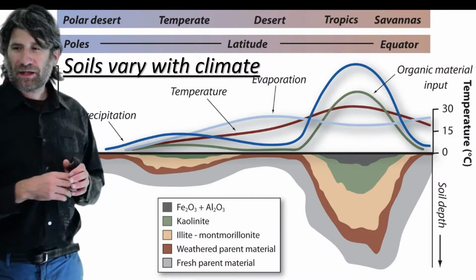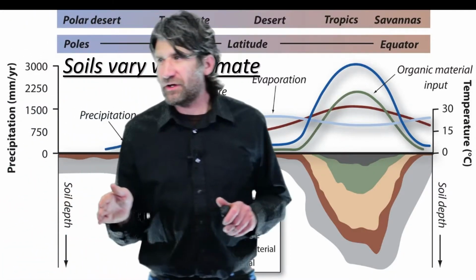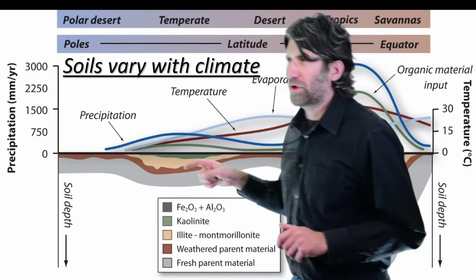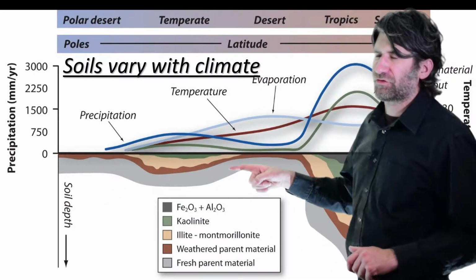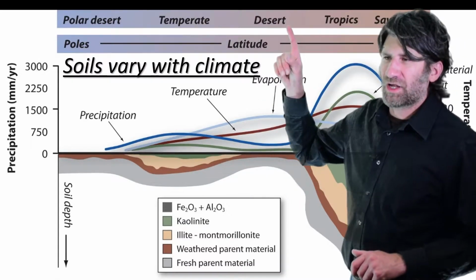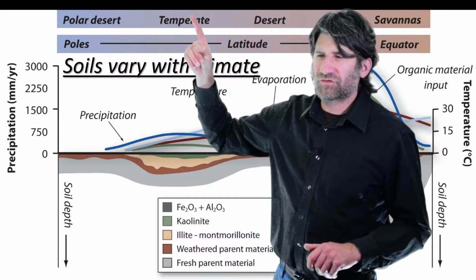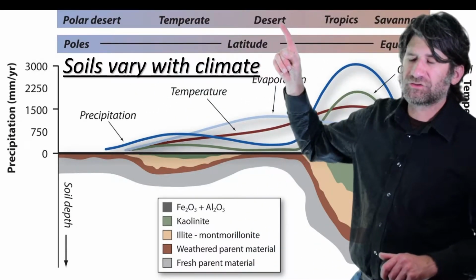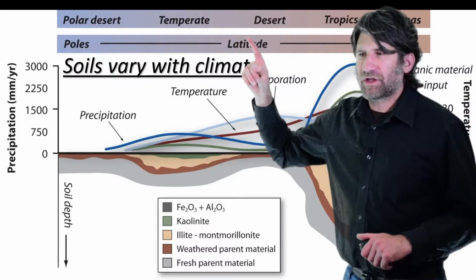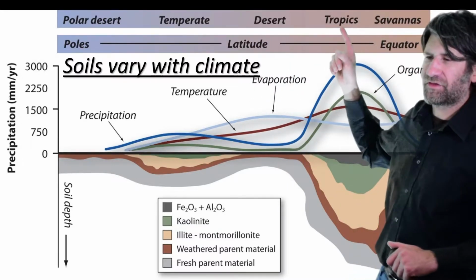We can think about what we see for soils, and then what we're going to be looking at is what types of material we see in the soils in these different latitudes, using these as a proxy for climate, right? And so polar deserts, temperate zones, those temperate mid-latitudes, dry deserts in the subtropics, and then the wet tropics, savannas of the equator.